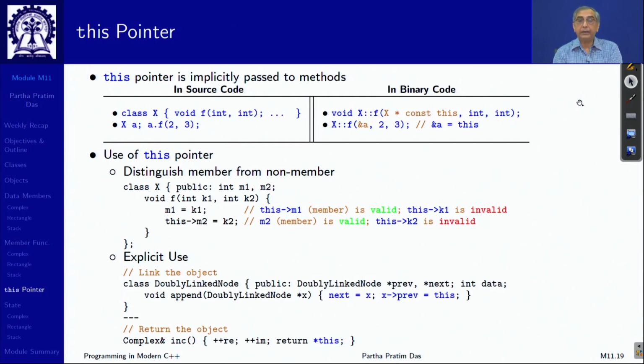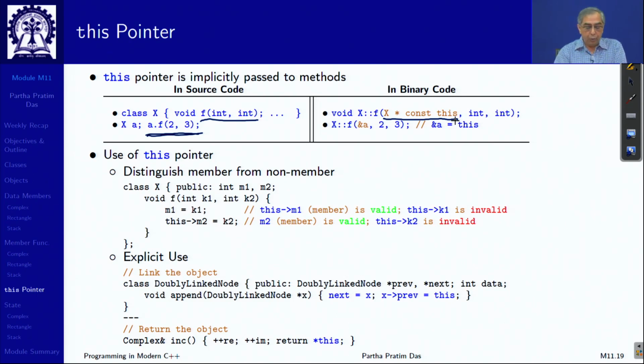So, this pointer is implicitly passed to the methods. What it means is that when I am writing a dot f of 2, 3, internally, though the function I have written is f with two integers, the compiler puts a first, or you can say 0th parameter, which is this pointer. You know the signature of this pointer, right.